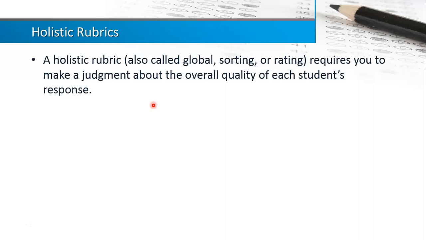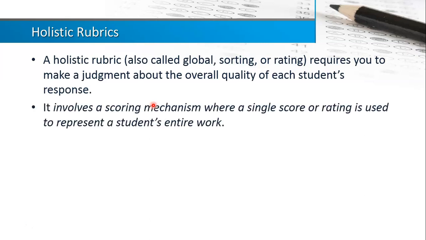Okay, so the holistic rubric, also called global, sorting, or rating rubric, requires you as a teacher or rater to make a judgment about the overall quality of each student's response. This holistic rubric is quite similar to the one I explained in the holistic marking scheme.